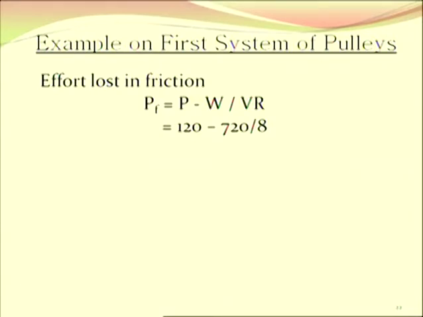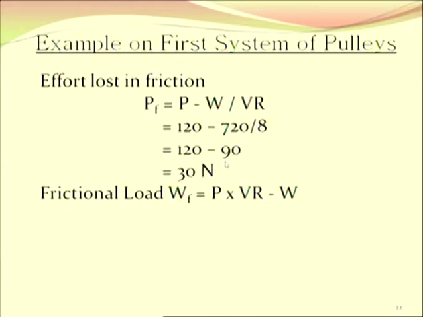Putting values, here effort is 120, load is 720 and velocity ratio is 8. Simplifying it, it results in 120 minus 90. Simplifying further, we get the frictional effort lost, that is 30 Newton.